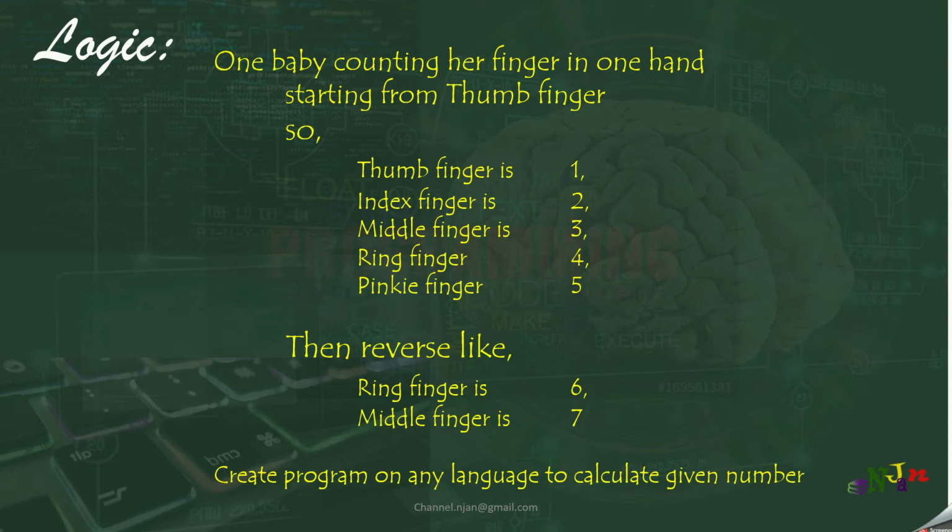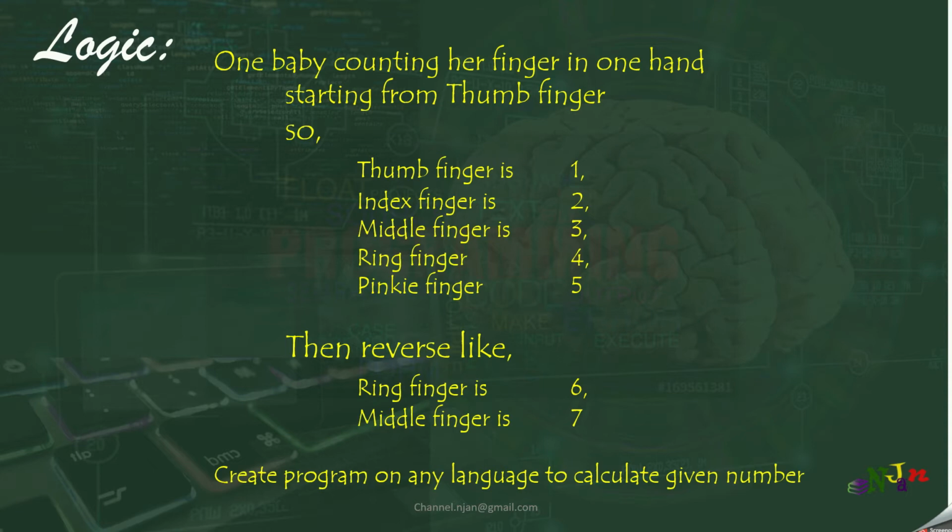So our 10 is the thumb finger. Again 11 is the index finger, like the way the baby is counting the numbers using one hand. It's moving from one direction to the other, I mean thumb, index, middle, ring, pinky. For additional numbers it comes back, like the way it's counting the numbers.